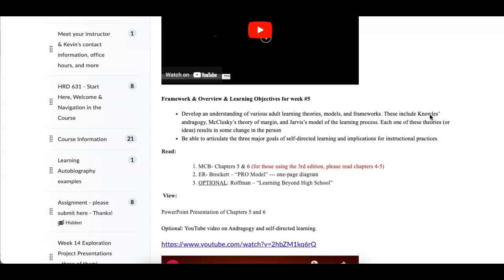We're also going to look at McClusky's theory of margin, and really this is a mathematical equation that helps us understand, do people have the resources to deal with what's on their plate? That's how I always think about it. If you have a huge amount on your plate and you have the resources, the time, the energy, the money, whatever it might be, the support to deal with it, you'll do okay.